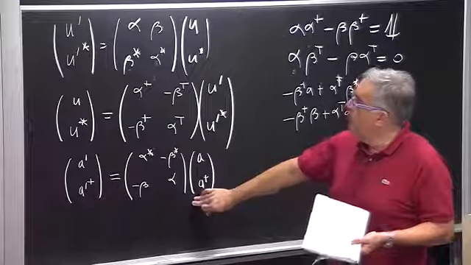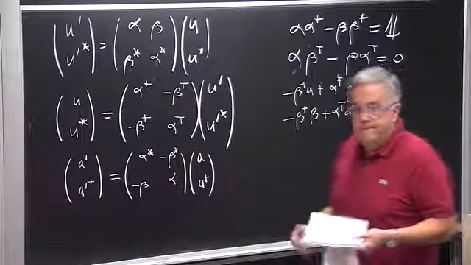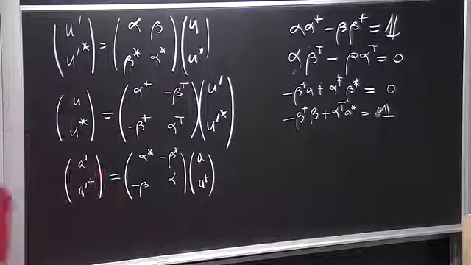Okay, this is the dual transformation to this. You can verify that this gives rise to this identity. You have to use, of course, the relationships to show this. Do this as an exercise.